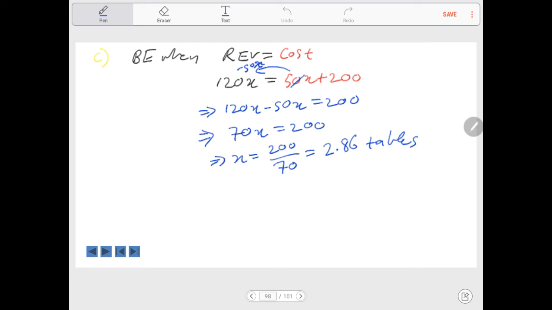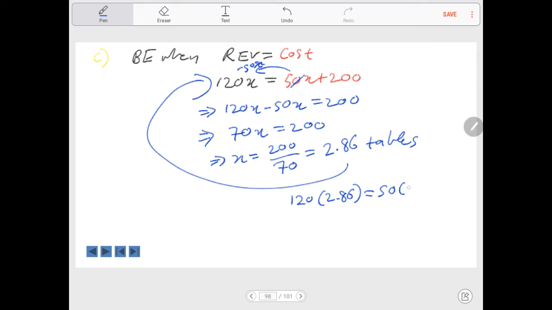Now this needs to go back into these equations up here to check it, and also to get the money, how much money is involved. So 120 by 2.86 equals 50 by 2.86 plus 200.